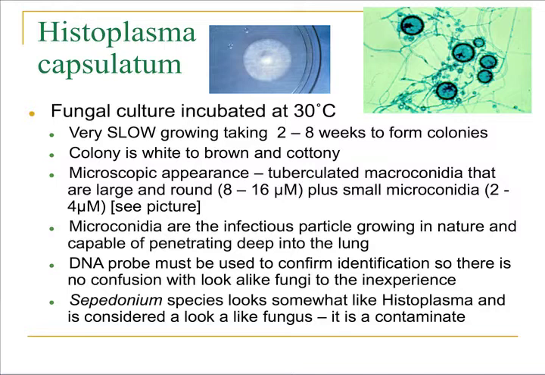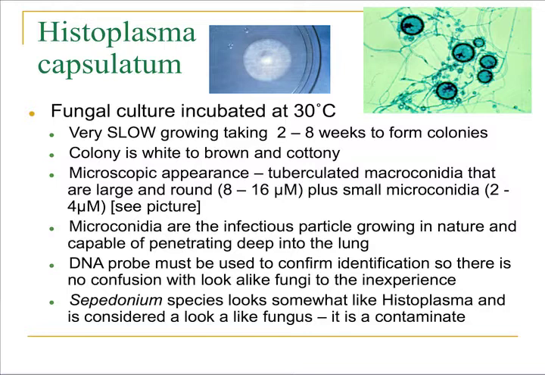The colony is white to brown and cottony on Sabouraud's inhibitory mold or your brain-heart infusion agars. When you look under the microscope at a Histoplasma capsulatum mold, you will notice that it has tuberculate macroconidia, which are the identifying structure of Histoplasma.